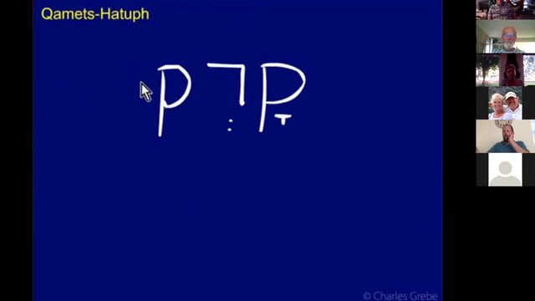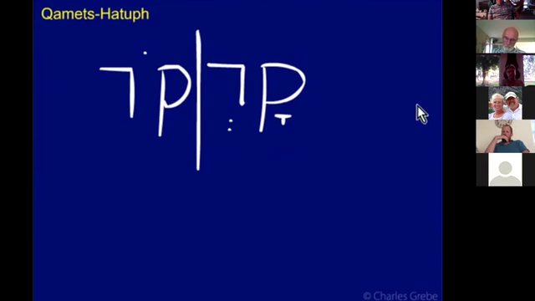Let's take a look at another example. This is pronounced chokh-mah. Our syllable is here, our stress is here, because it's not marked, so it's at the end by default.